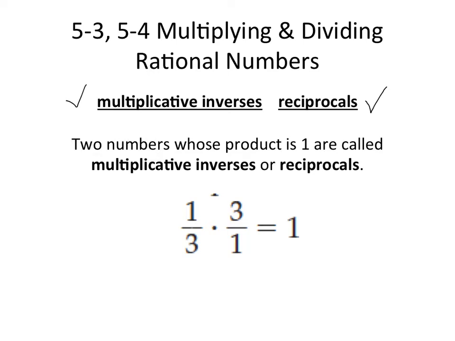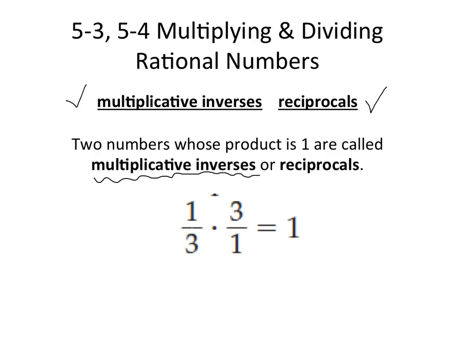These definitions are one and the same for our purpose today. Two numbers whose product is 1 are called multiplicative inverses or reciprocals. Most of the time we've called it reciprocals, but the process of finding it we're going to call multiplicative inverse. You'll see this used in directions quite often.